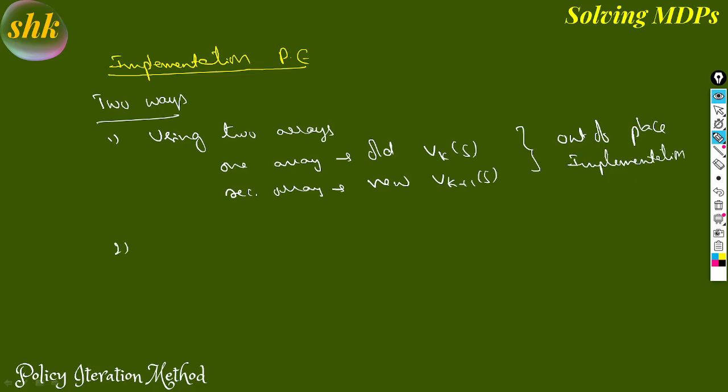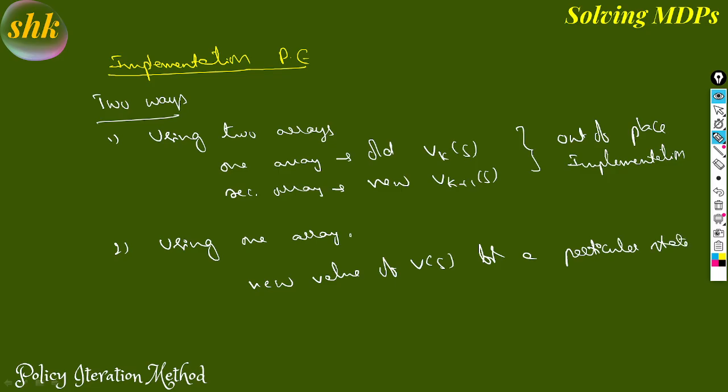In the second method, we use only one array. The new value of v of s for a particular state overrides the old one.